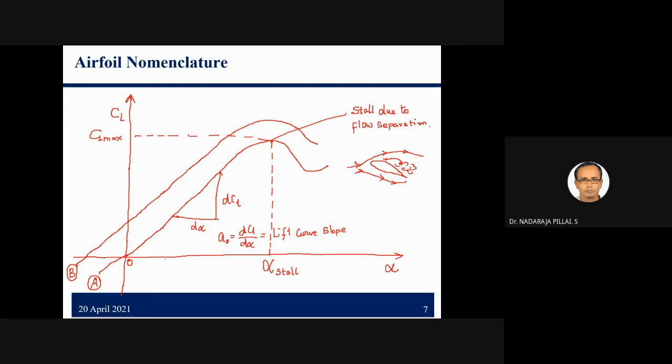So, it is called the zero lift angle of attack. Usually we write alpha at L equal to 0 is equal to 0. So this corresponds to the symmetrical airfoil, right?